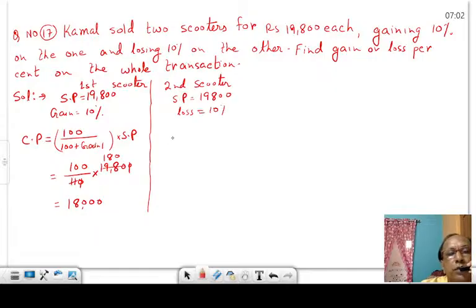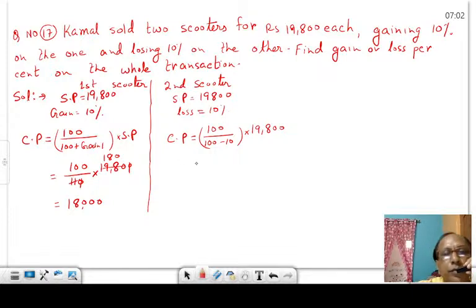We put the formula here, same as that. Cost price is equal to 100 divided by (100 minus loss percent) into selling price. We'll find the cost price of this one.